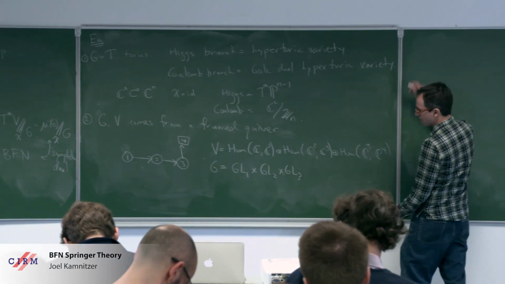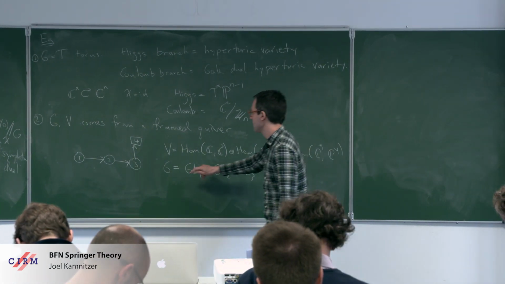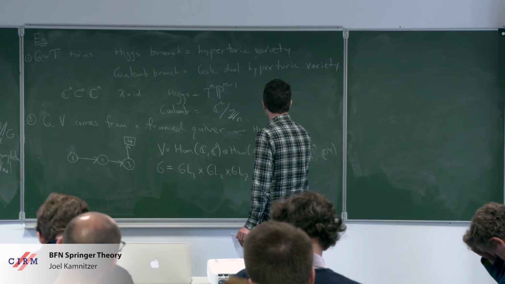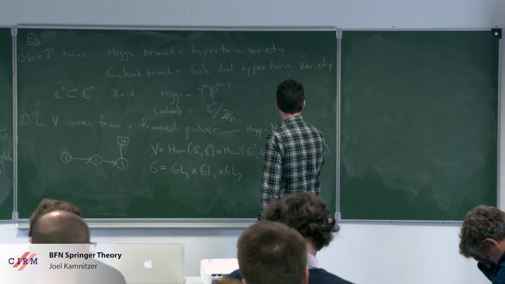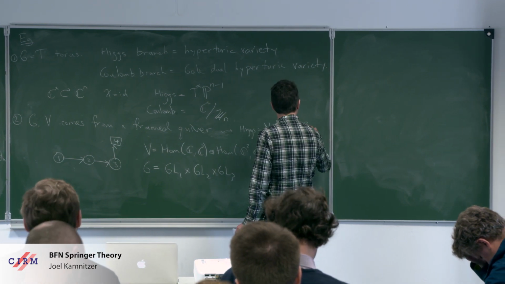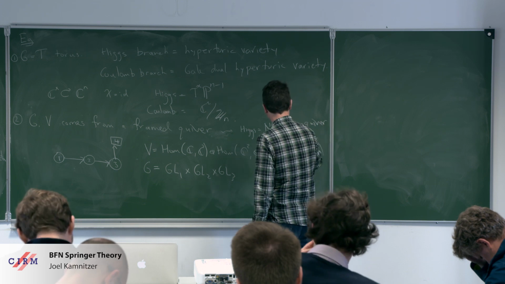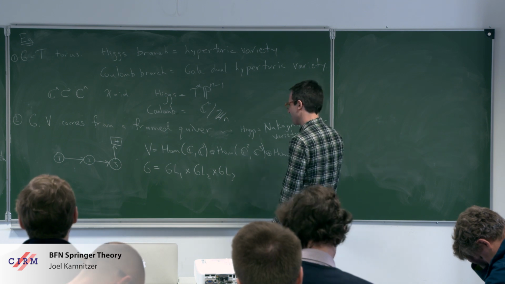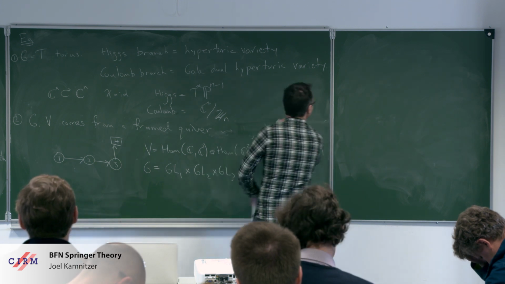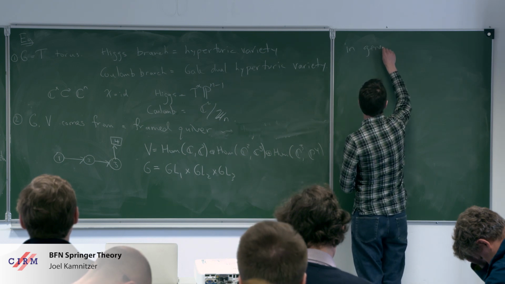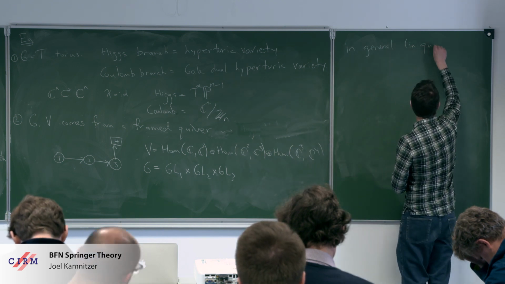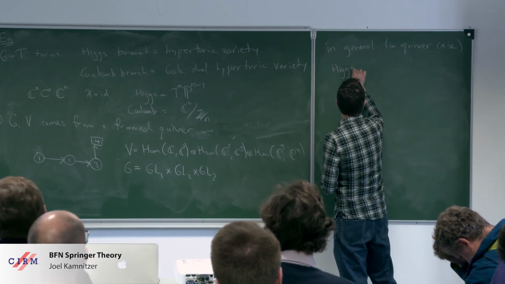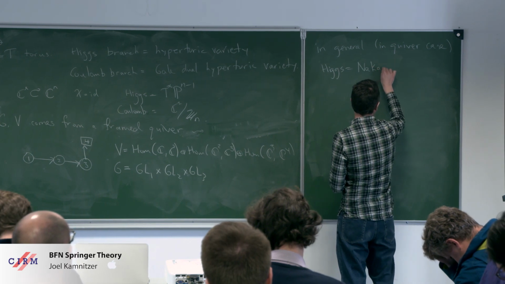In general, when G and V come from a framed quiver, the Higgs branch is a Nakajima quiver variety.